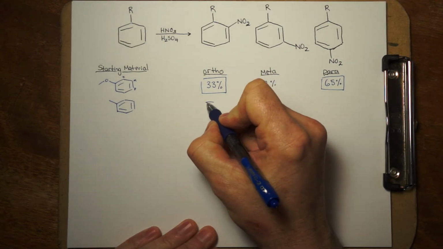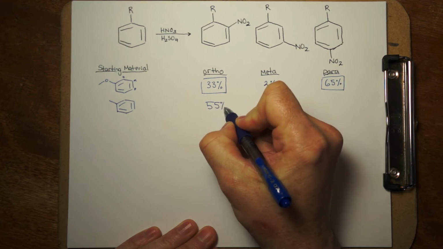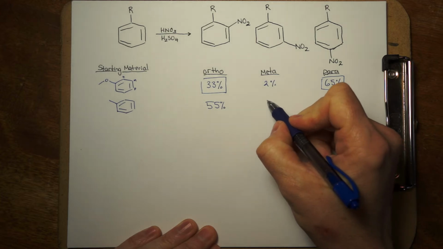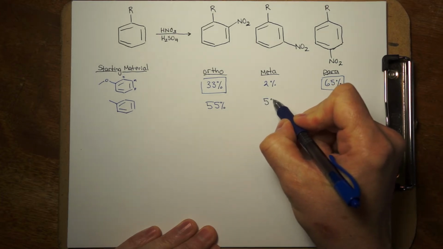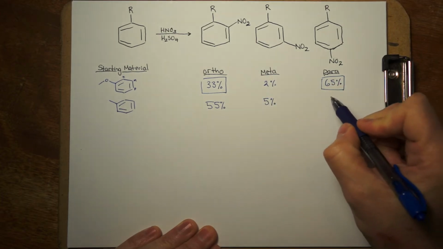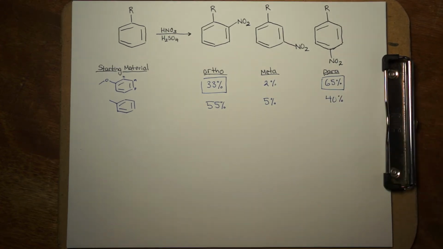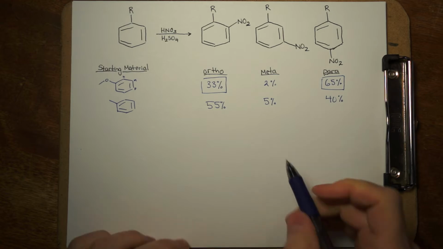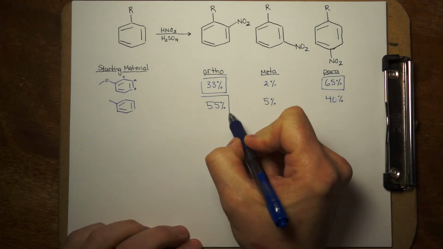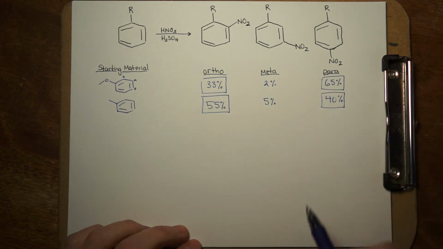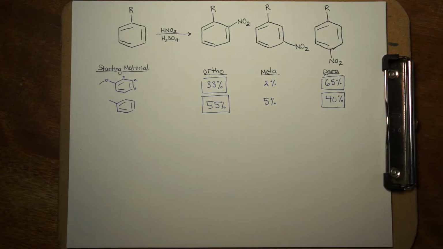Again, we're going to get a 55% yield of the ortho, about a 5% yield of the meta, and about a 40% yield of the para product. So again, you can see that this reaction favors the formation of the ortho and para products over the meta product. Again, an electron donating group, an ortho-para director.